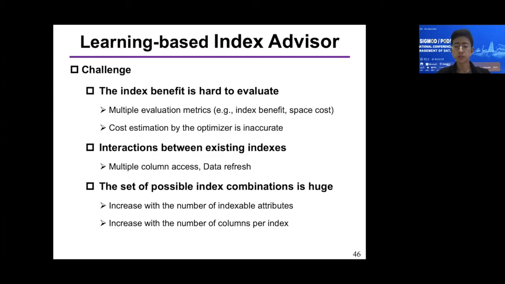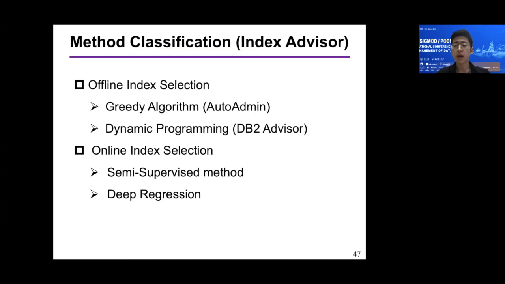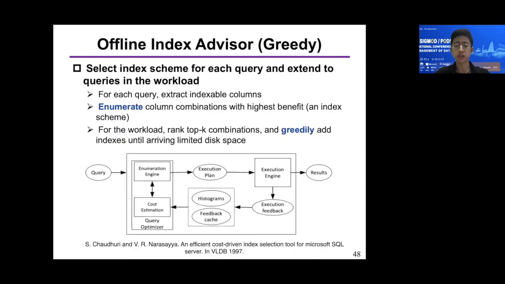First, it's hard to estimate the benefit since there are multiple factors like execution time and the space budget. Besides, there are interactions between different indexes, like multi-column indexes, where you can build an index on one or multiple columns. Besides, the set of possible index combinations is huge and increases exponentially with the number of columns per index.